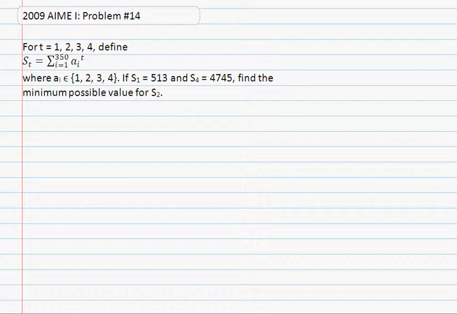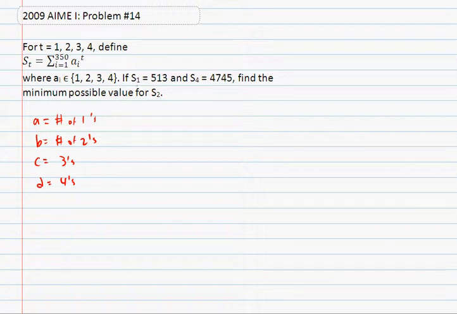So we can start off by defining a couple of variables. Let a be the number of 1s in the sums S sub t, b the number of 2s, c the number of 3s, and d the number of 4s.